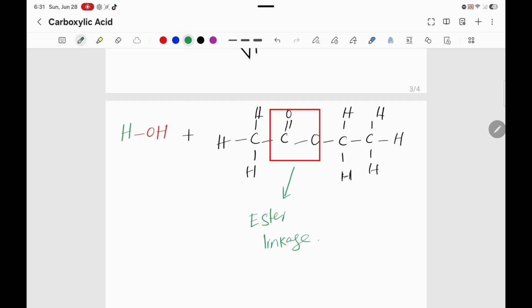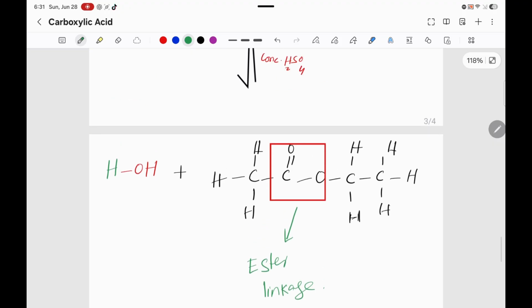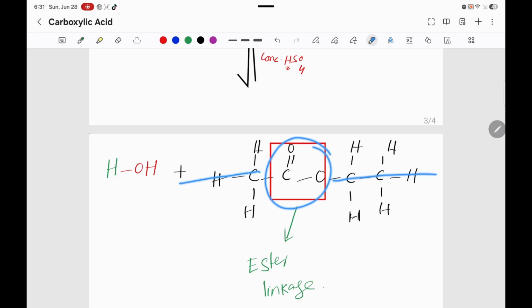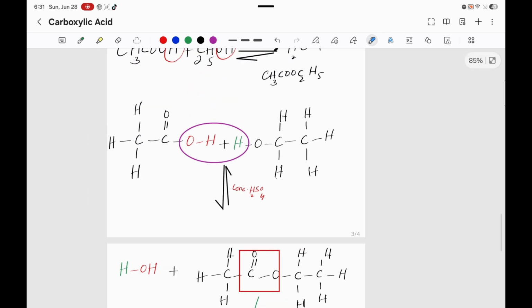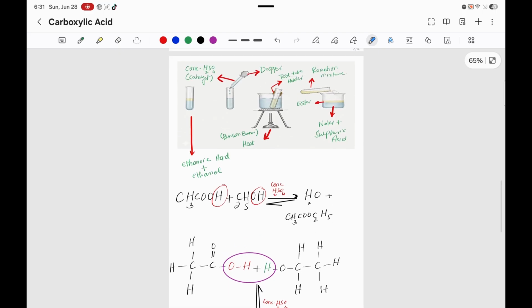I think this equation clearly shows there is an ester linkage in between and a chain of carbon atoms here and a chain of carbon atoms on the other side of the equation. Okay? So this is all about esterification.